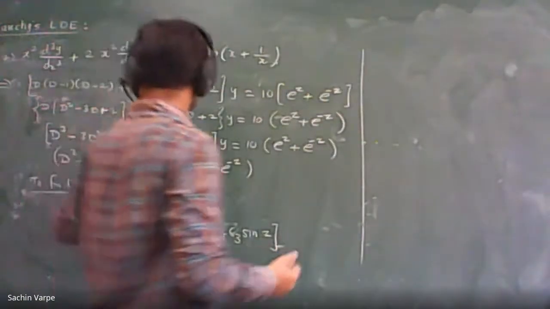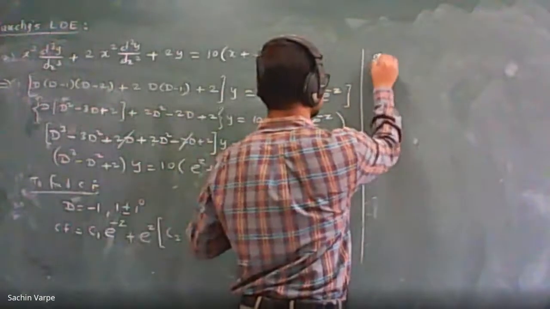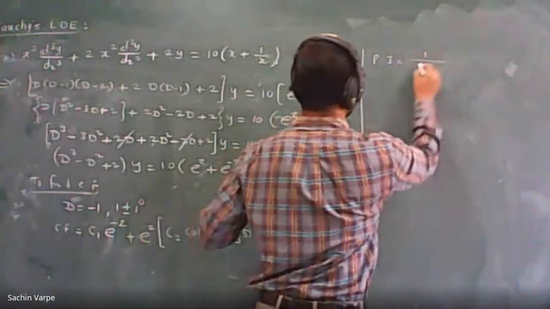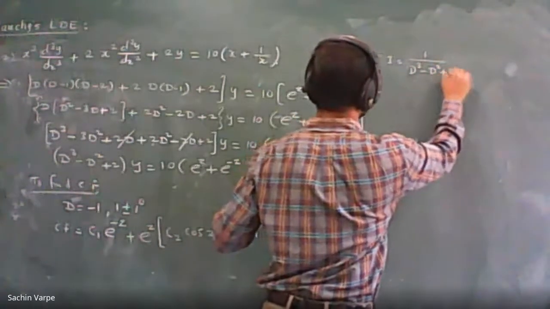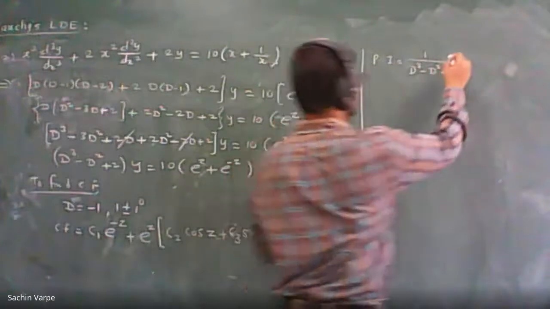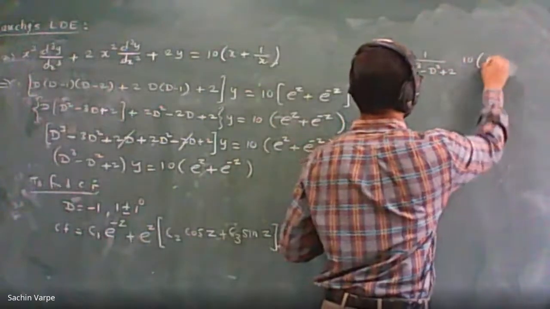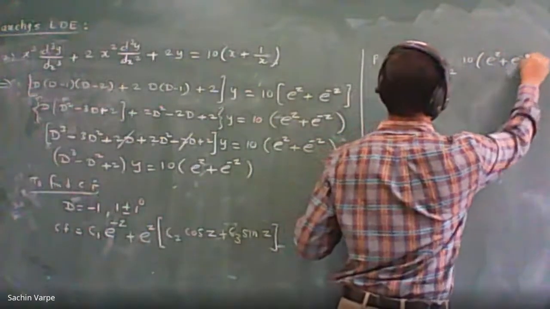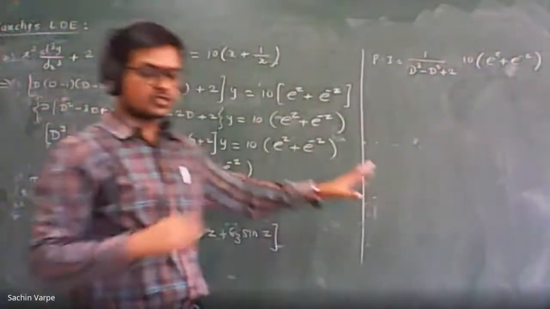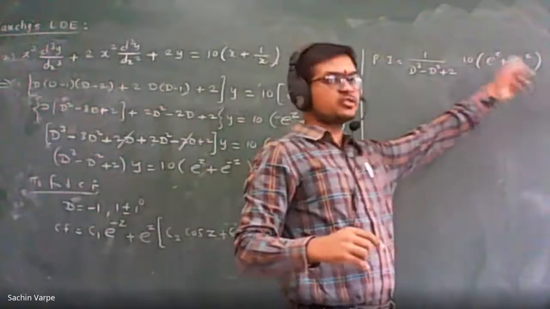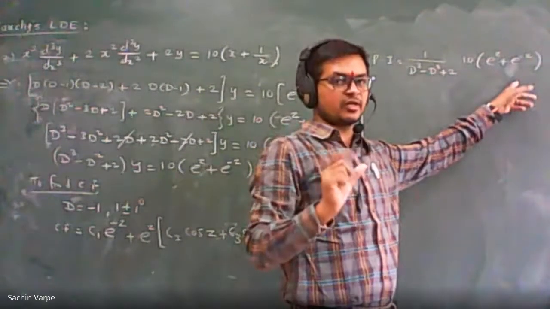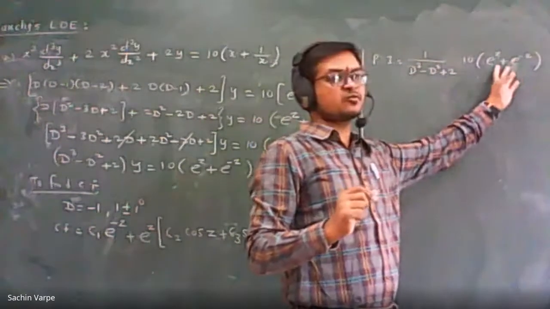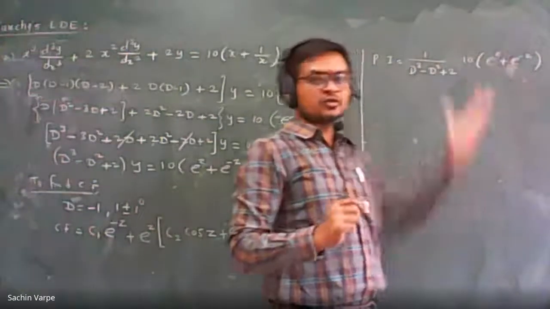So the particular integral, PI, is equal to 1 upon phi of D, that is D cube minus D square plus 2, times 10 into e raised to z plus e raised to minus z. So you have two options now. You can operate this operator over these two exponential functions and use the exponential shortcut case, or you can convert this exponential function into hyperbolic function.